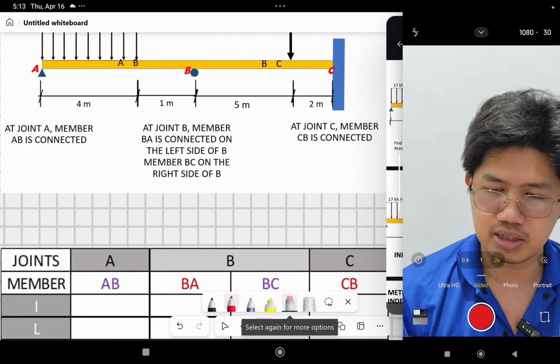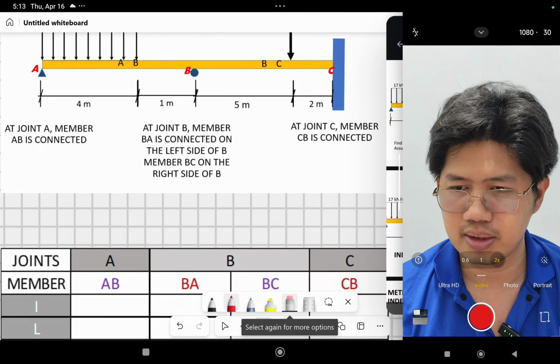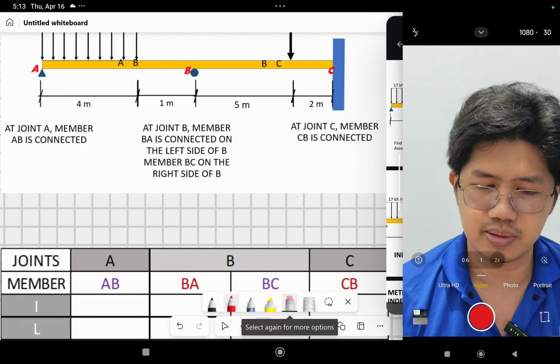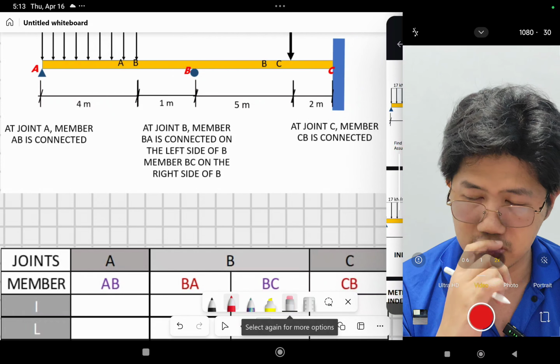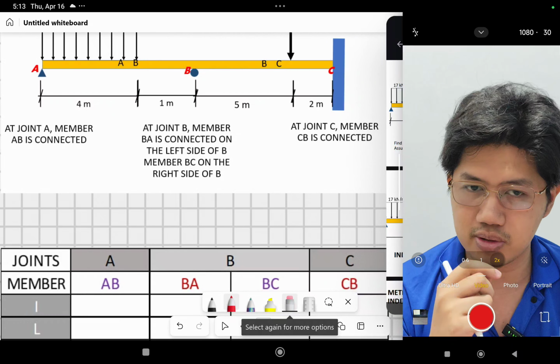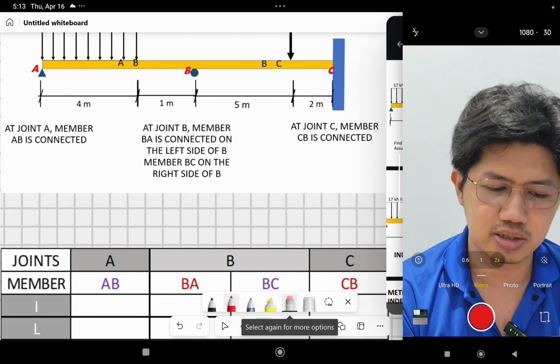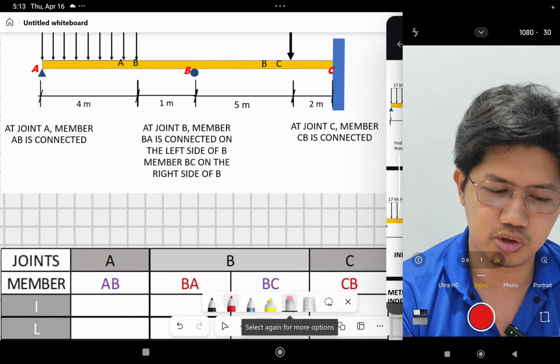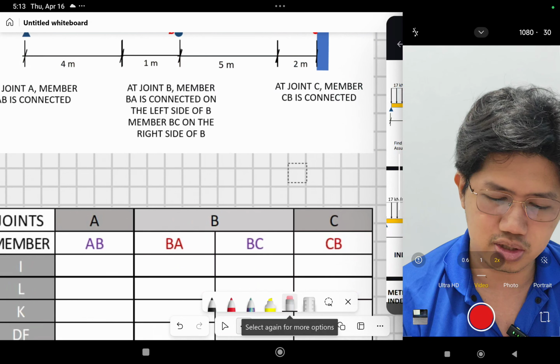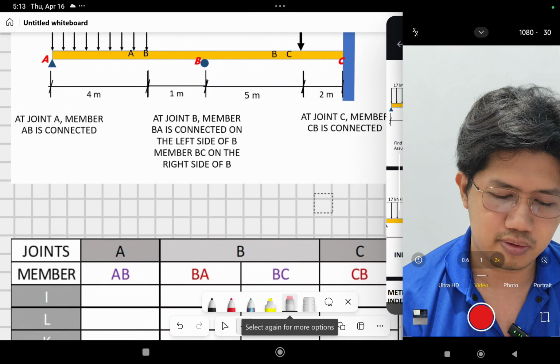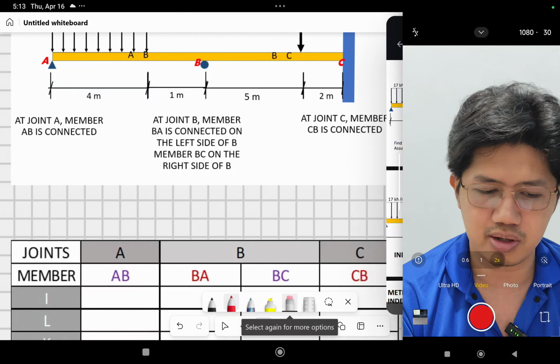So usually they are in the place or in the positions of the supports. Those are usually, yun yung usual locations ng mga joints natin kung saan din yung mga supports. Okay, so we have 3 supports, 3 joints. Okay, for every joint, there is a member connected.